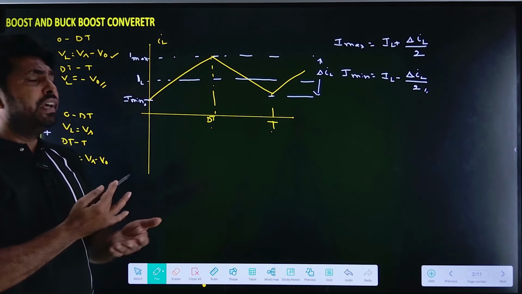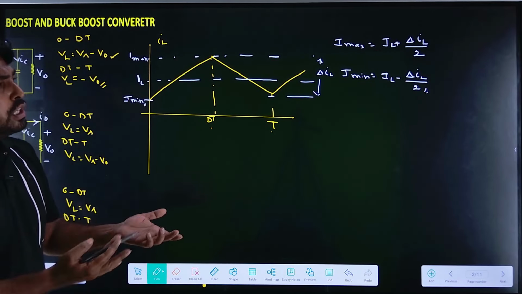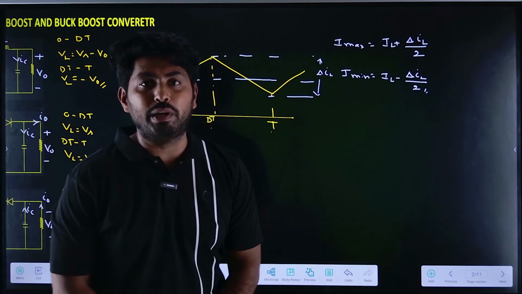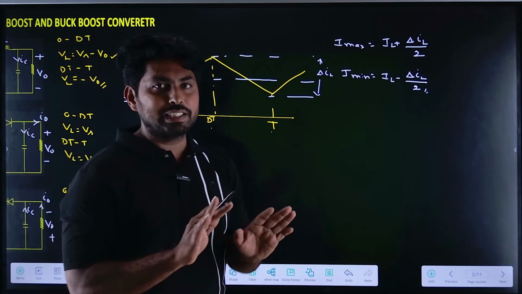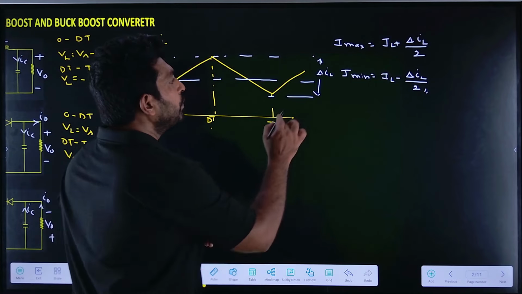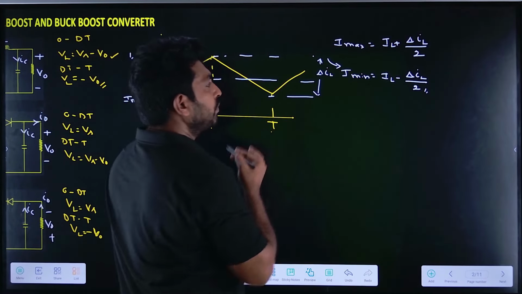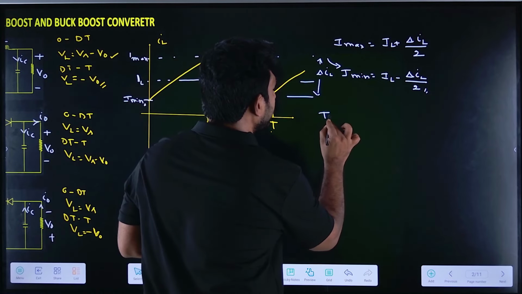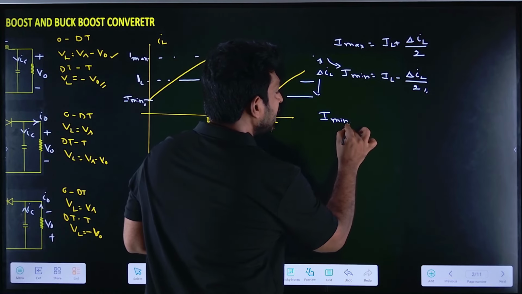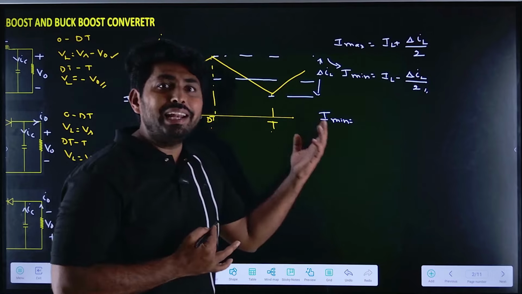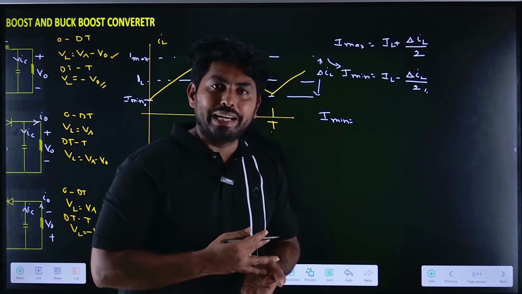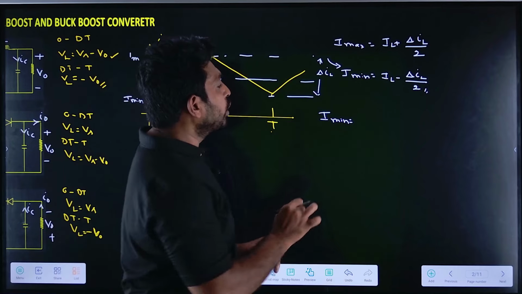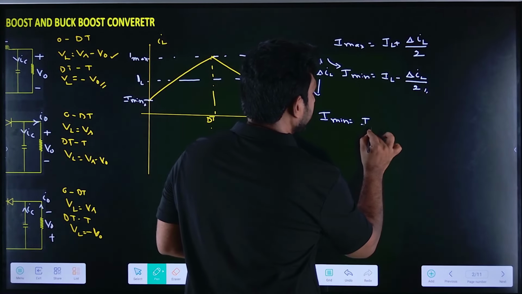Now we need to find the IL and I max. If you know IL and delta IL, you can find the I max and I minimum. Let me write the expression for I minimum. In the case of a buck converter, the inductor current IL, the average inductor current, is equal to the output current I naught.